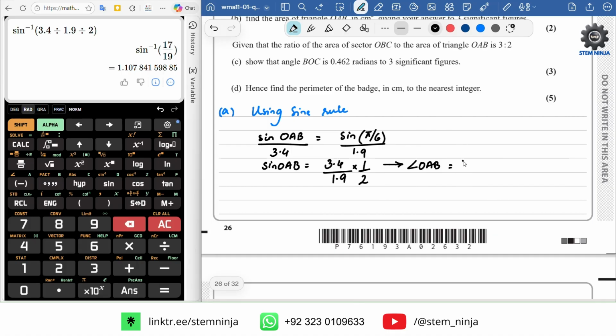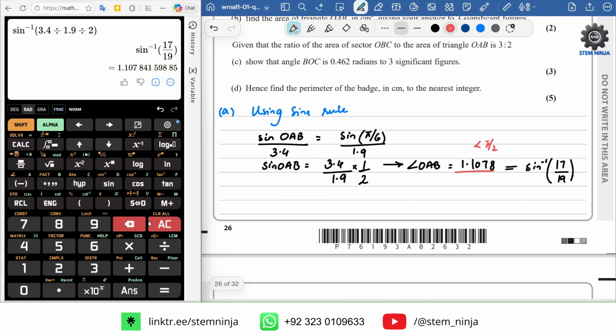So this is 1.1078, or in the exact form, sine inverse of 17 over 19. However, notice that this is smaller than pi by 2.